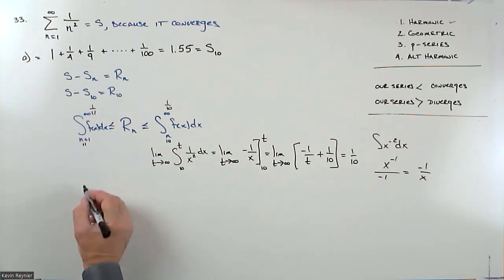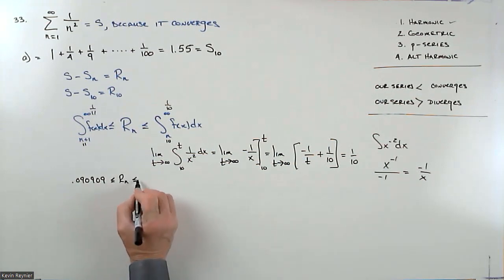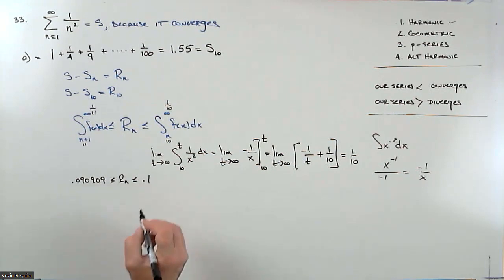On this side, we get 0.090909. And on this side, we get 0.1. Okay. So we know that we're bounded between those two values.